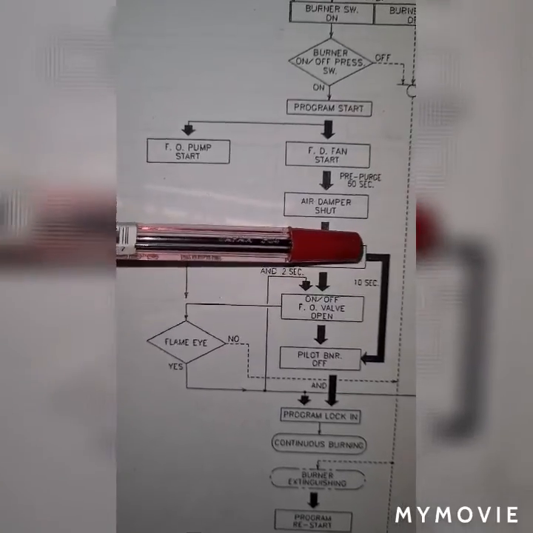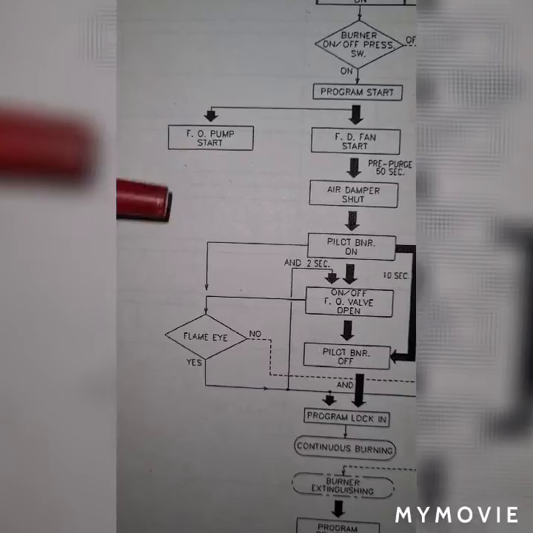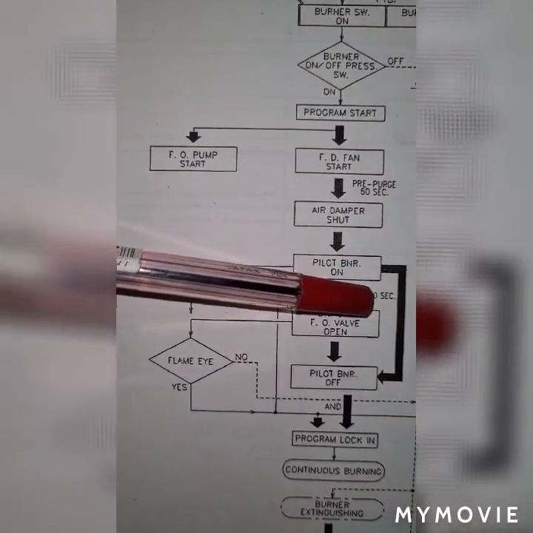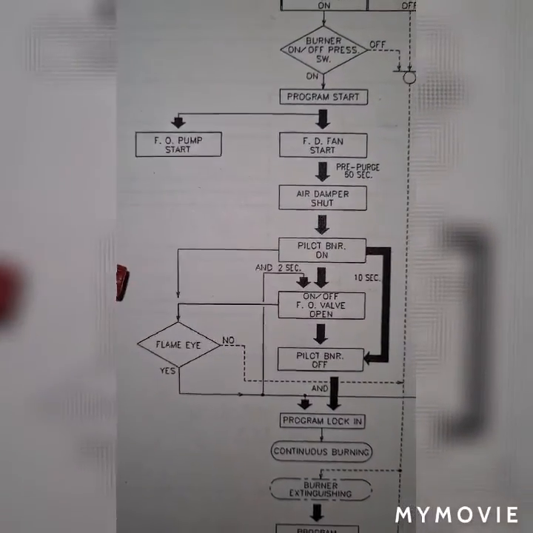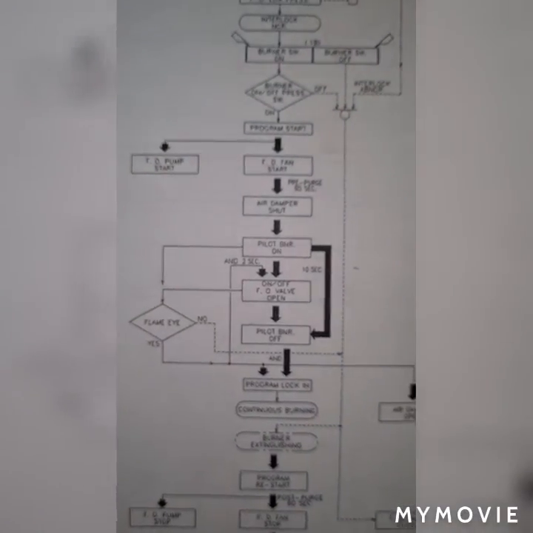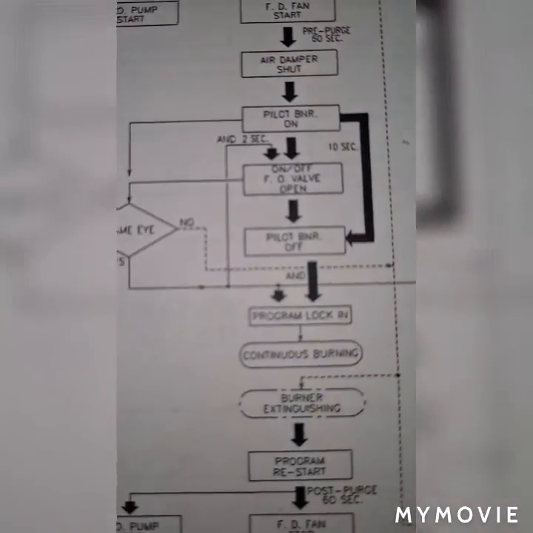and as you can see here, there is a black arrow. This flame eye sensor needs a counting time of 10 seconds to sense the presence of flame inside of my furnace.